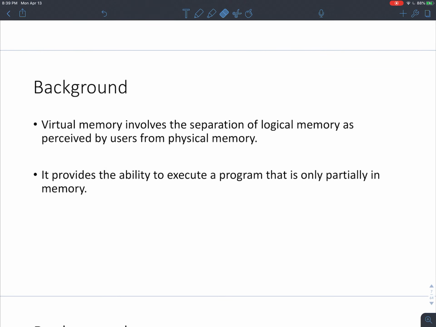So virtual memory basically provides us a way to separate the physical memory space into logical memory. This is very important for programmers, because when we write programs, we don't need to worry about the physical memory space.